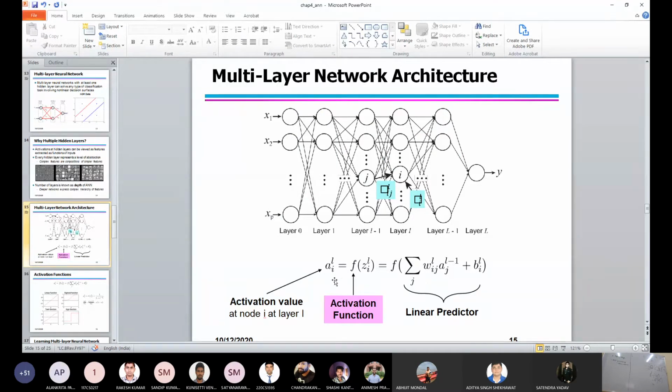So maybe I can tell a_i^L is a function of z_i^L. How do you get this? z_i is nothing but the weighted function. What is that weighted function here? So a_j from the previous level is coming, a_j^(L-1) for all nodes j, summation over all nodes j, and W_ji^L, that is the weight.